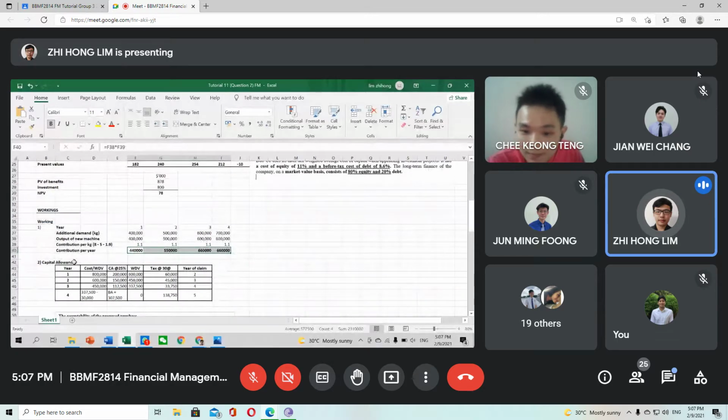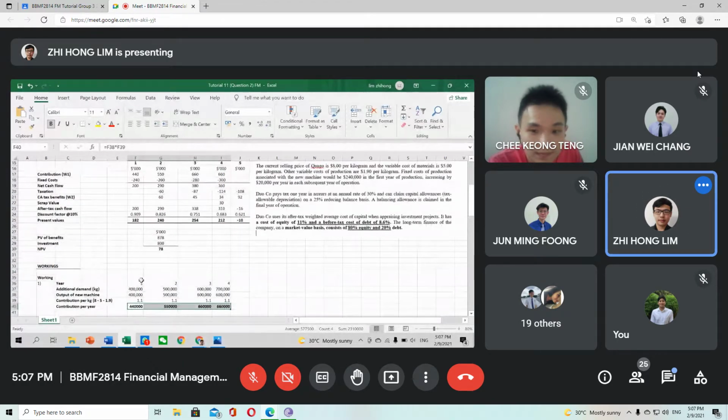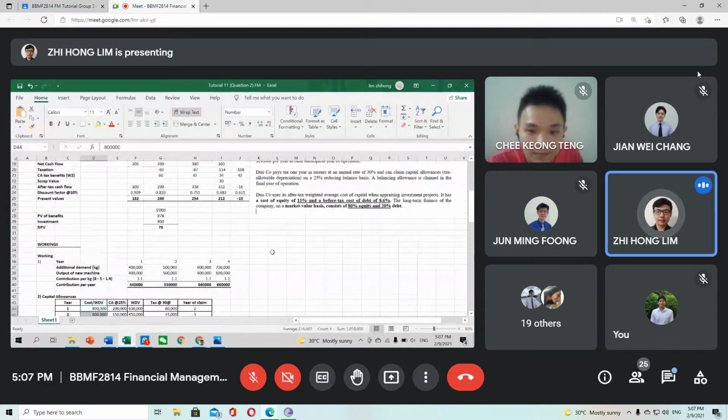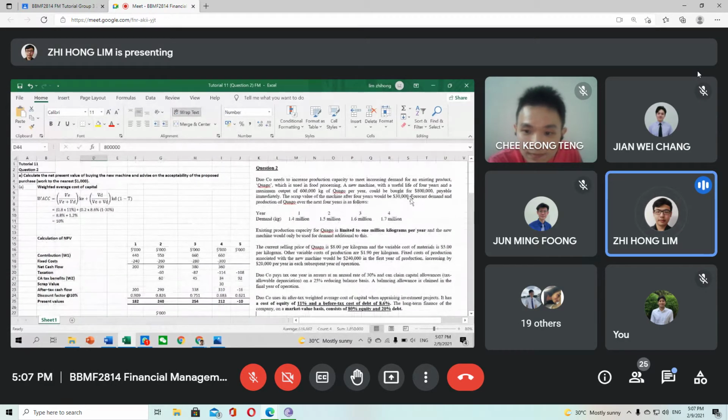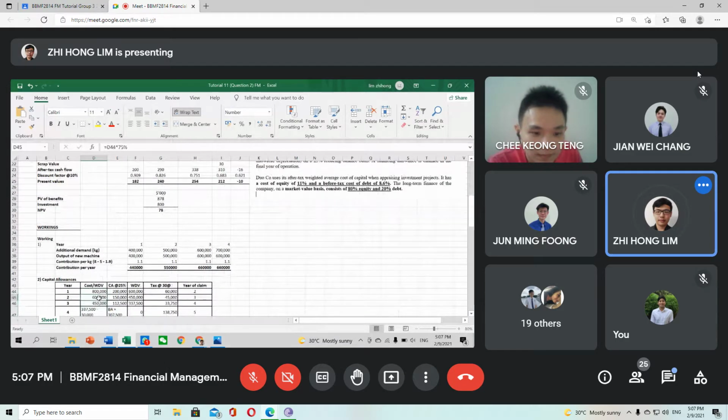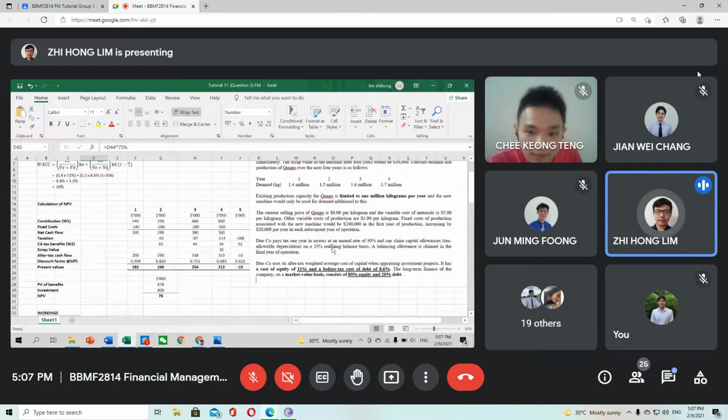So to find out the capital allowance, the cost given is 800,000, and each year it needs to minus 25%. We mention in the question to claim capital allowance on a 25% reducing balance basis.